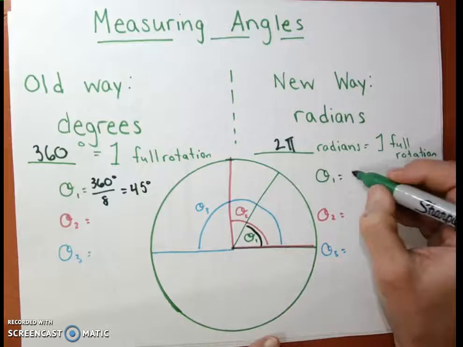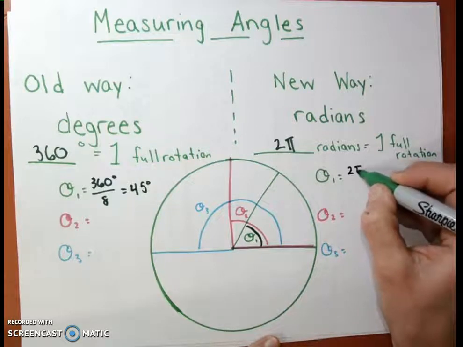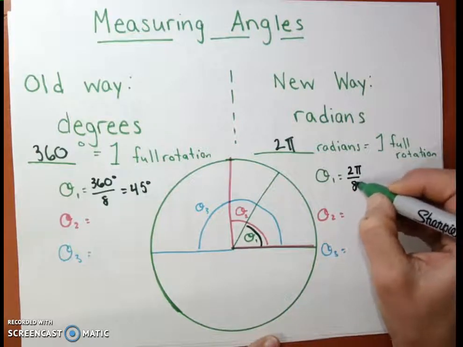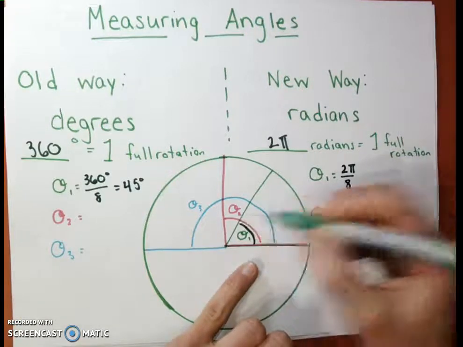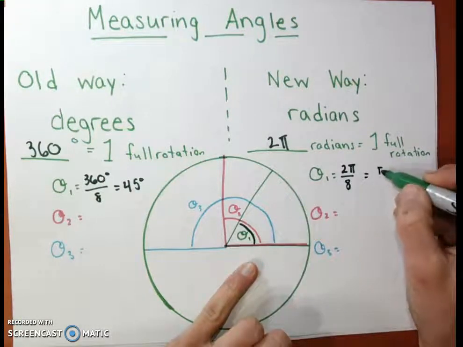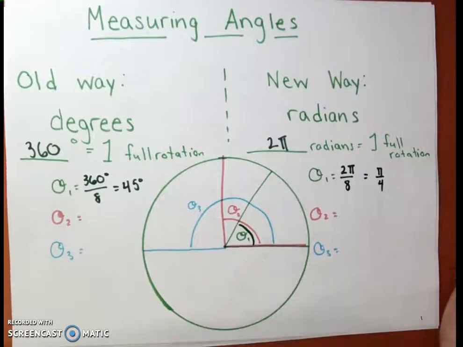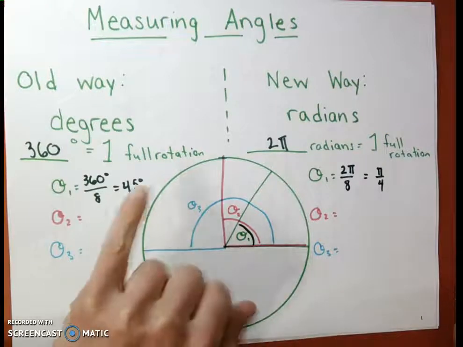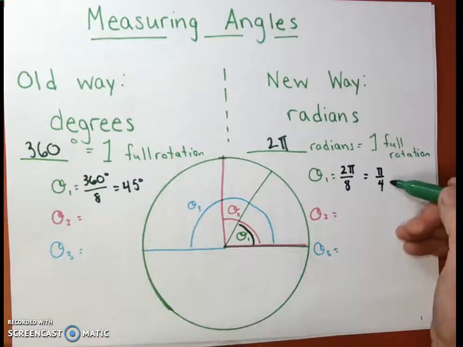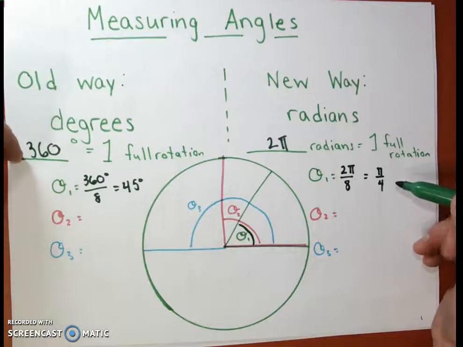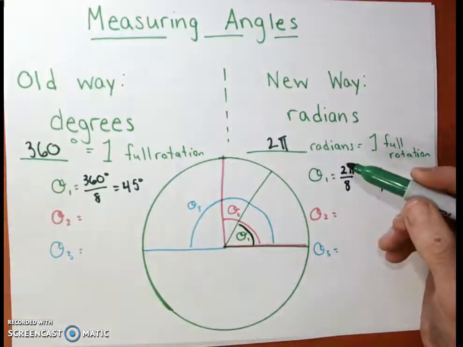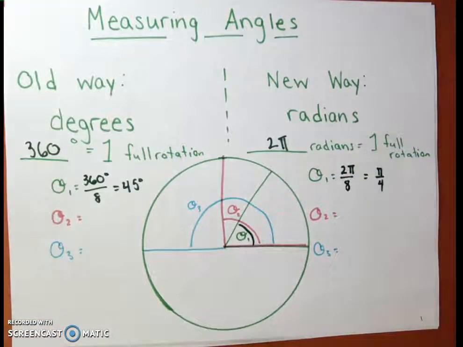In radians, if we take our full circle and we separate that into 8 parts, well, then this same angle could be called pi over 4 radians. So 45 degrees is the same as pi over 4 radians because 360 degrees is the same as 2 pi radians.